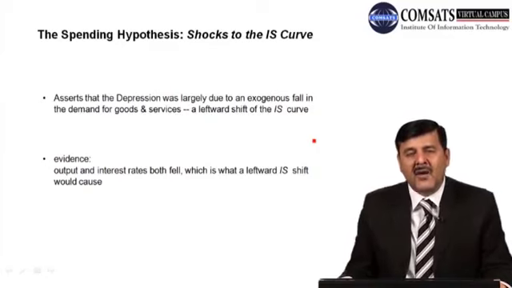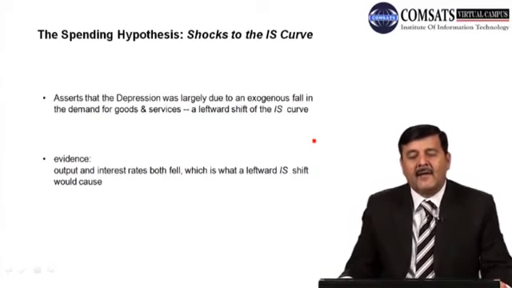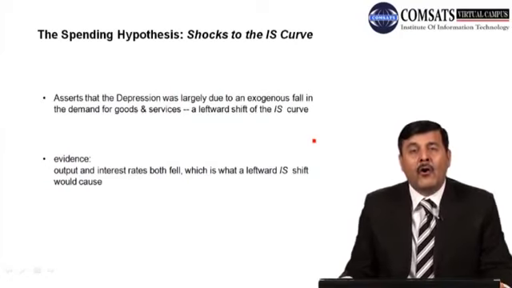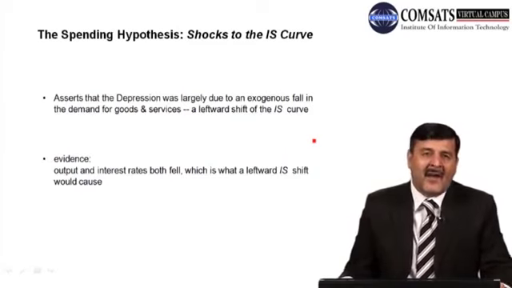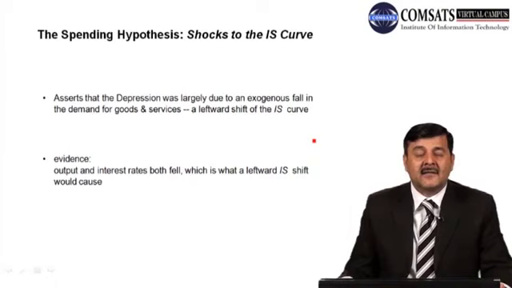It asserts that the depression was largely due to an exogenous fall in the demand for goods and services. There was a big fall in the demand for goods and services that shifted the IS curve to the left, and due to this shift, there was a big fall in the income level in the country and the economy.